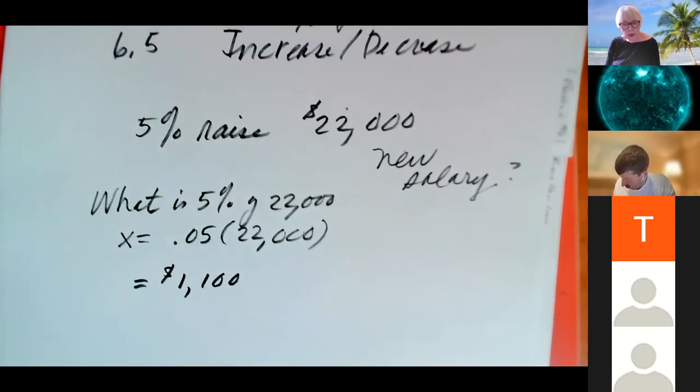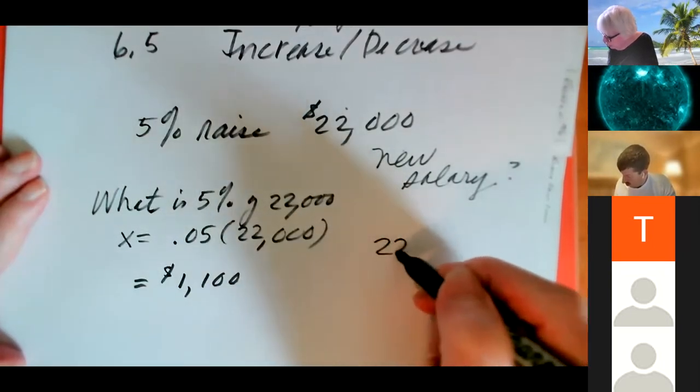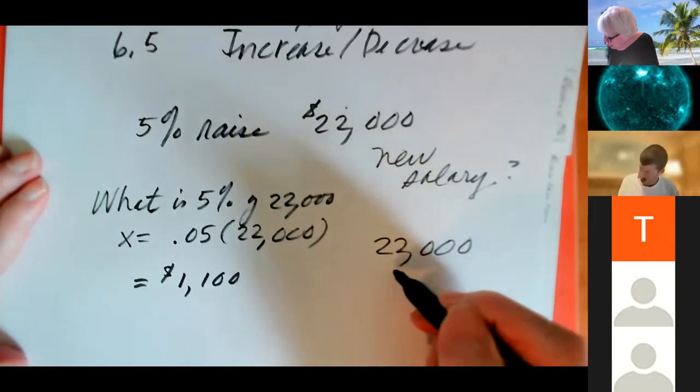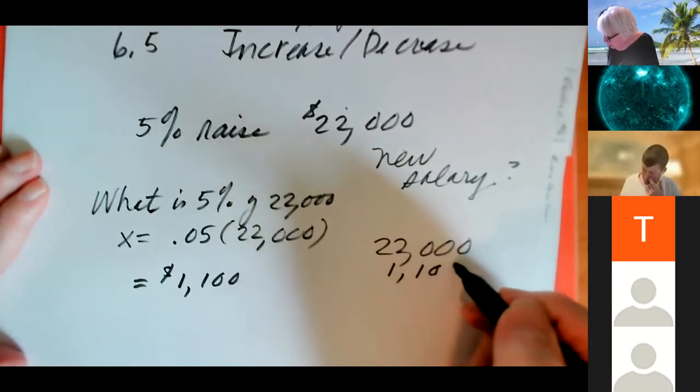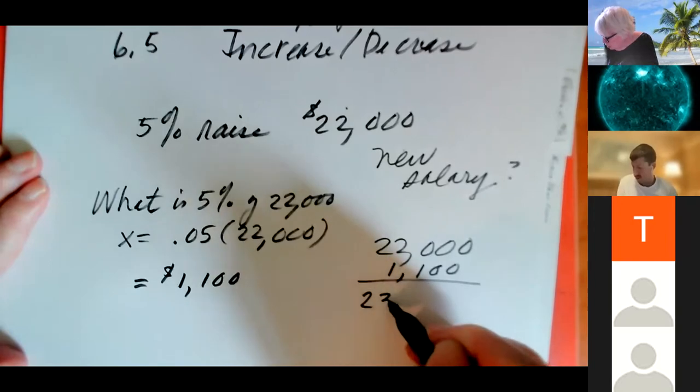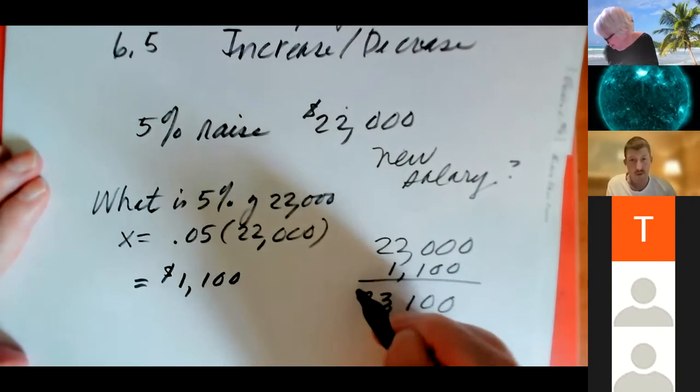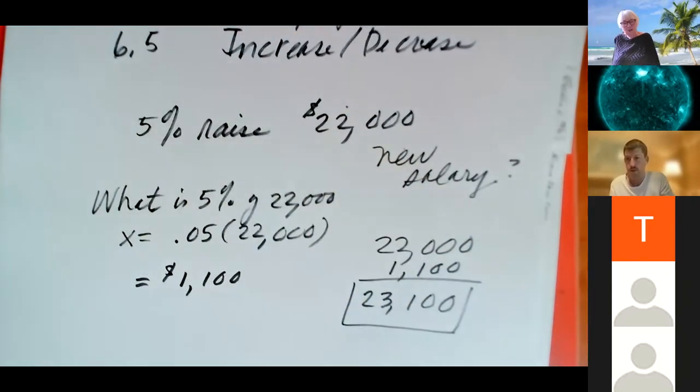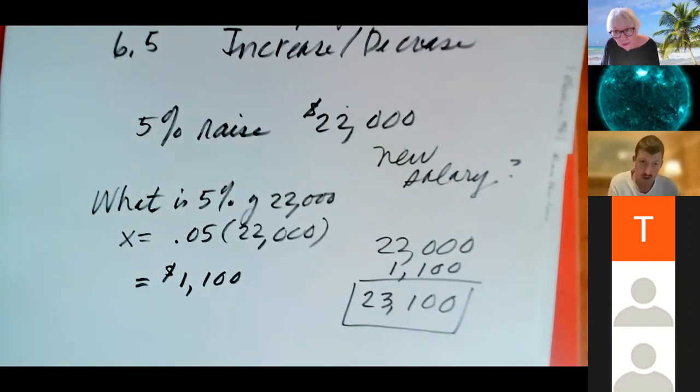Is that the answer you turn in for the new salary? No, we know better. 23,100. Yeah, we take the old salary. This is not just numbers, this is salaries. Right? We want to get this right. We want to know what that means, and that's what the new salary would be. Okay, so it increased.